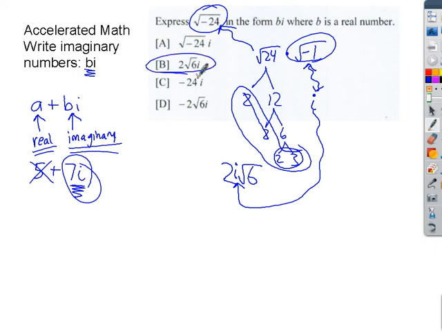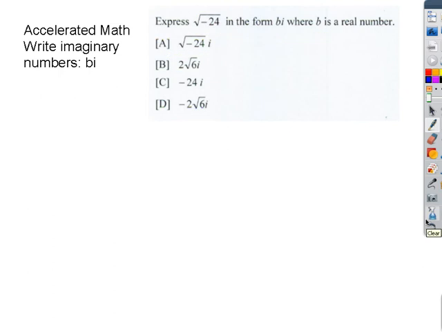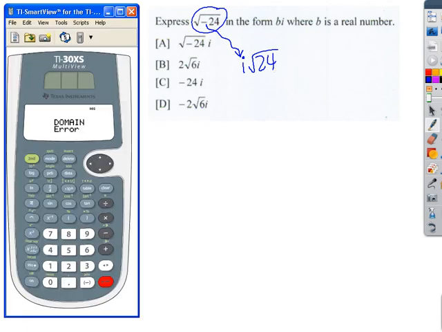But what I want to suggest is, when you see something like this, immediately get the negative out of there as an i, on the outside. Now I've still got square root of 24. I know you can do that one by hand, but there are going to be some other ones that are more difficult.